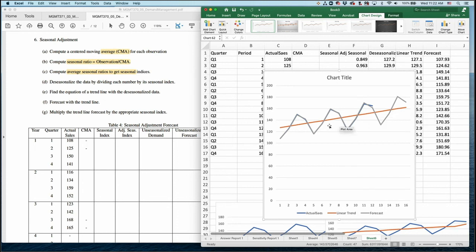So for a downturn, we multiply by a seasonal factor which is less than 1. For an upturn, we multiply by a seasonal factor which is greater than 1. So that's why we have up and down like this. So also we can forecast the future next 4 periods.